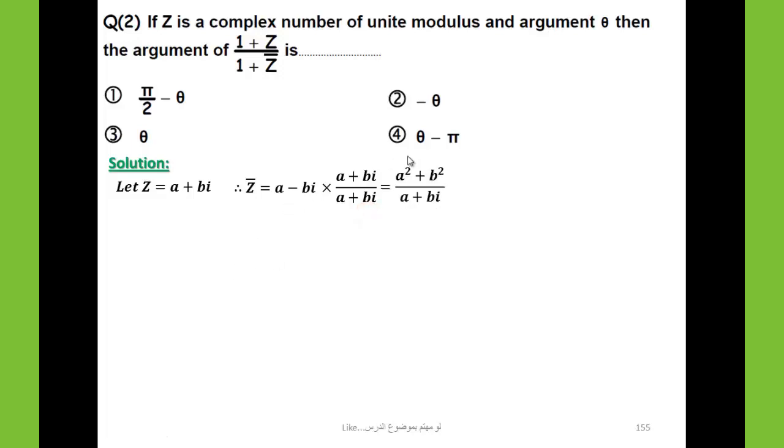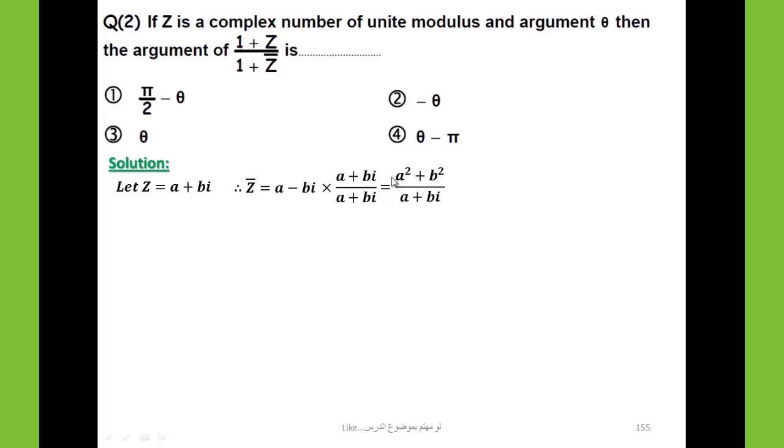We get in the numerator a square plus b square. A minus bi multiply a plus bi equals a square minus bi all square, and i square equals negative 1. So a minus bi multiply a plus bi equals a square plus b square, over a plus bi.